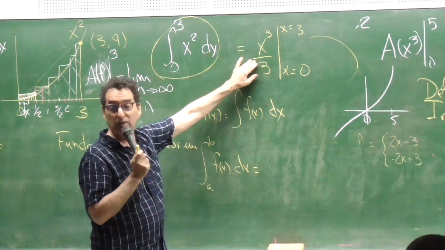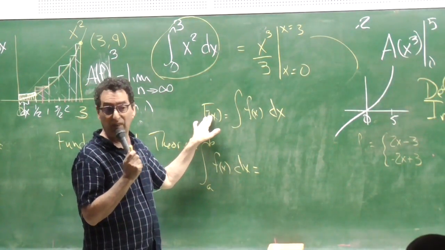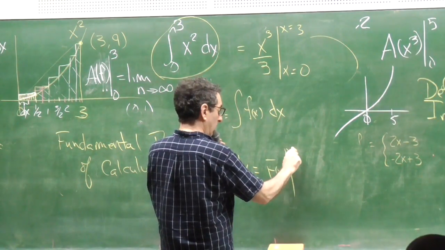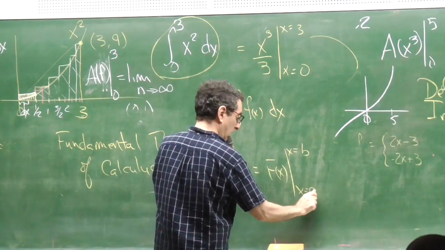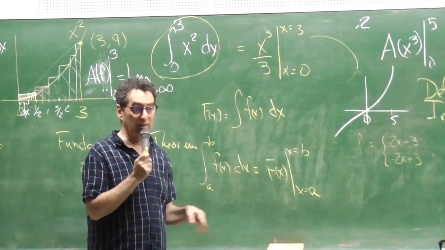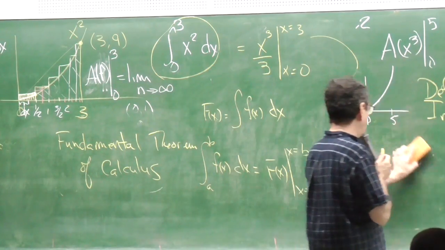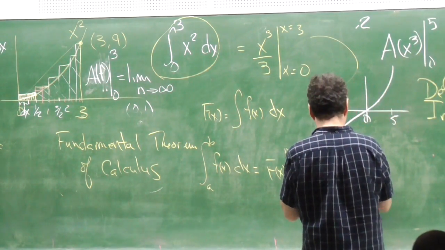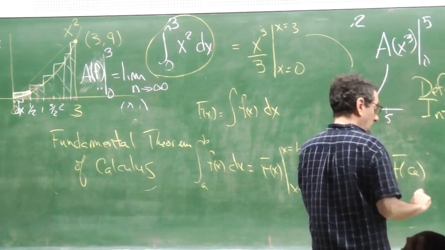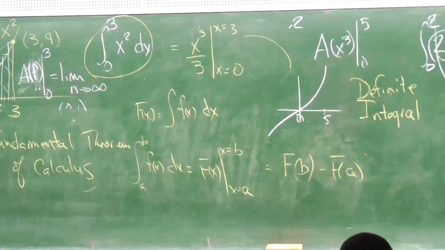So we had the antiderivative here, right? So the antiderivative we're calling capital F. So if you use capital F to stand for the antiderivative, then you can put it this way. Or they also read it like this. Okay, so that's the notation they usually use, capital F.